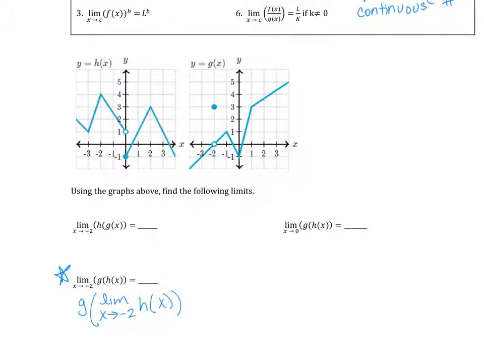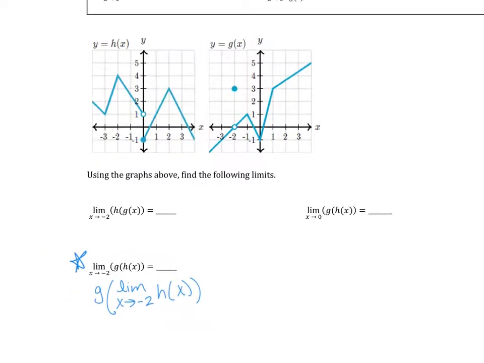Now make sure you're looking at the right graphs. You'd hate to miss it because you just looked at the wrong graph. So let's do this part first. You know how to do limits graphically. You're going to look at the h function. You're going to take the limit from the left and the limit from the right and see if that limit exists, which you are going to the same thing, and you would get 4.